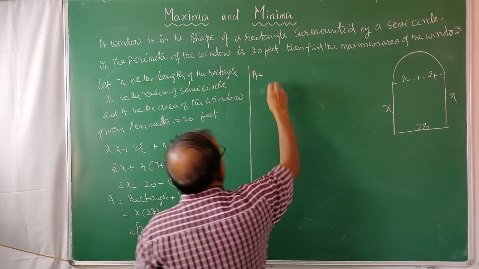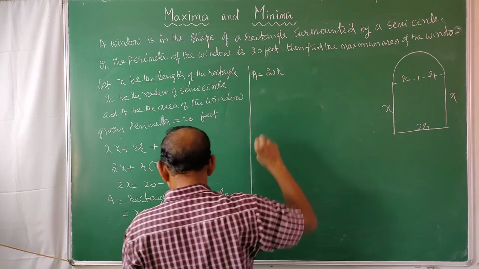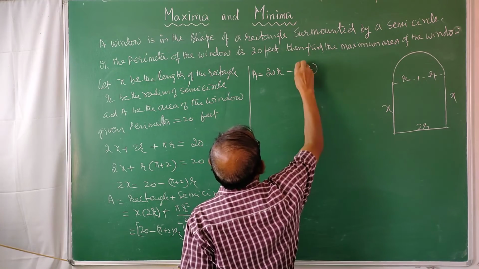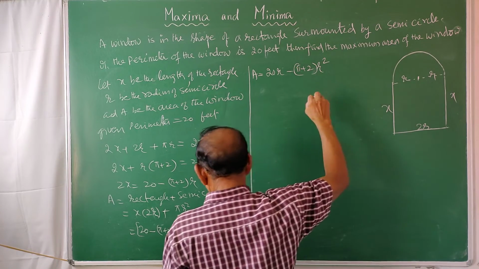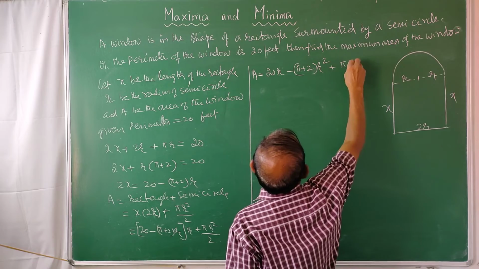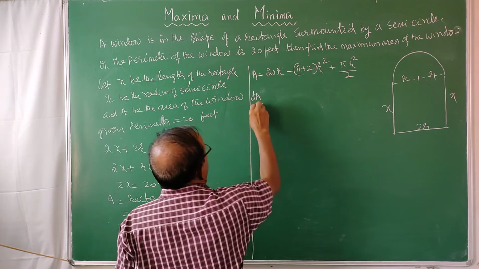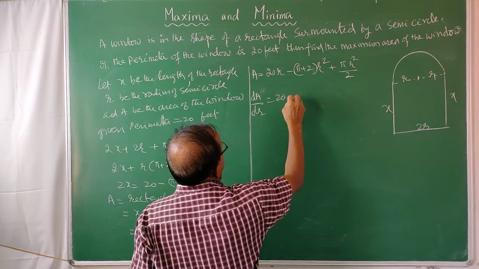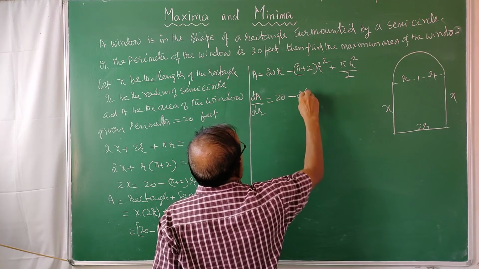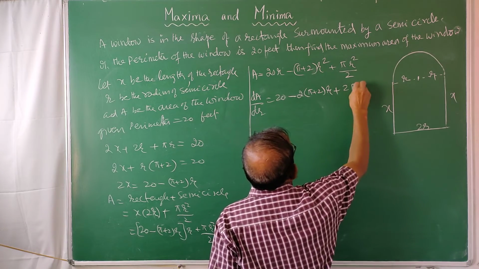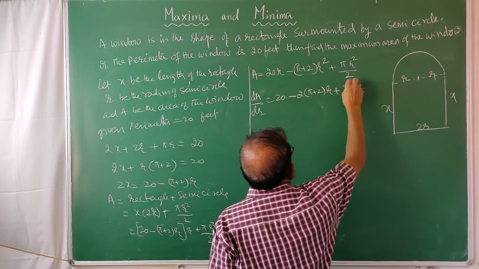Now A is equal to 20r minus pi plus 2 into r square plus pi r square by 2. Now find the derivative with respect to r, that is 20 minus 2 into pi plus 2 into r plus 2 pi r by 2, cancel 2.